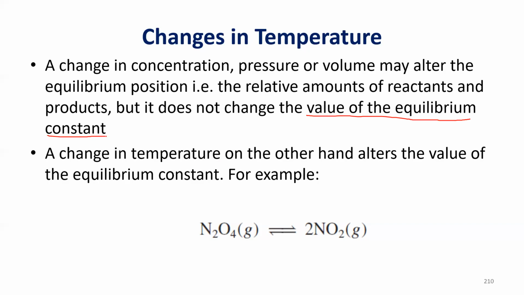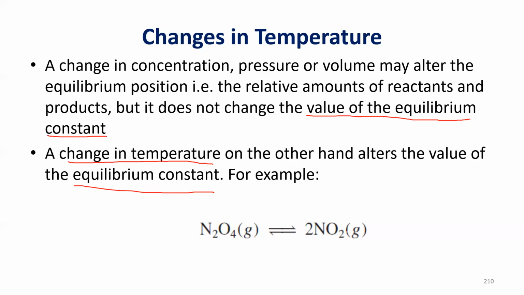The only variable that can change the value of the equilibrium constant is a change in temperature. We can illustrate this by still considering our example, the dissociation of N2O4 to NO2.